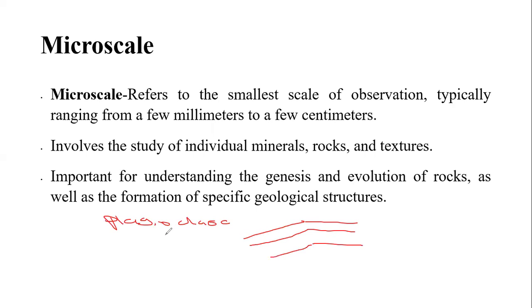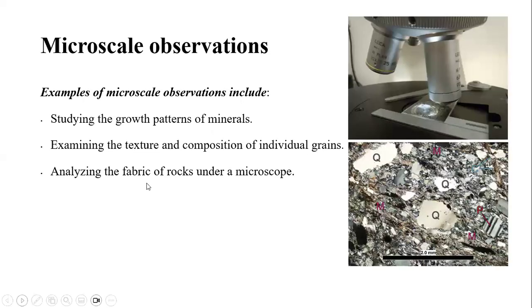So if these plagioclases are showing the spindle twinning and spindle deformation, then we understand that that rock has undergone deformation. So it means that area must have undergone tectonic deformation. So which is why the microscale is also important.